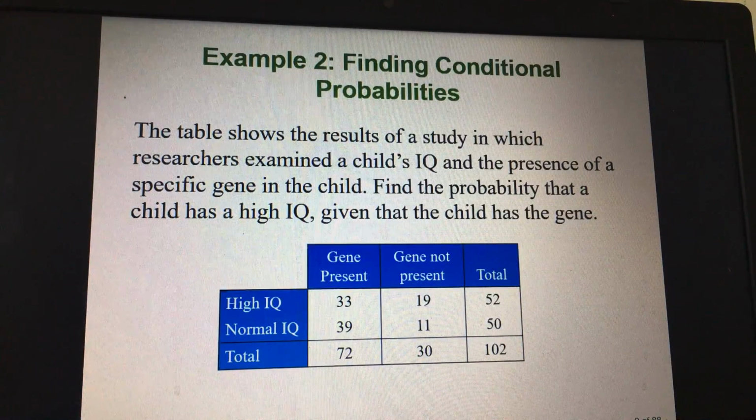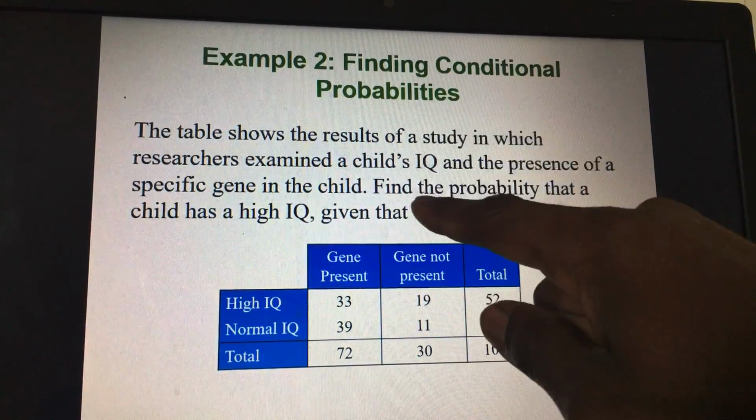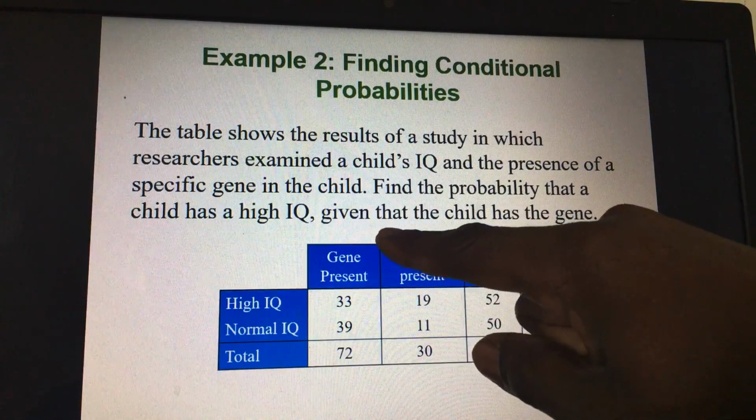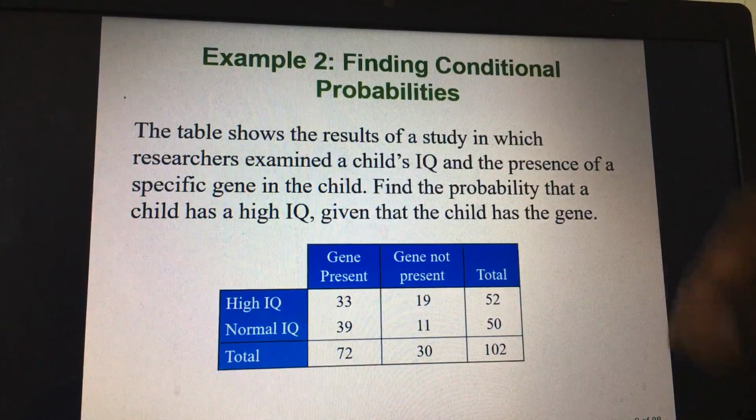Now we are ready to answer the question, which is to find the probability that the child has a high IQ given that the child has the gene.